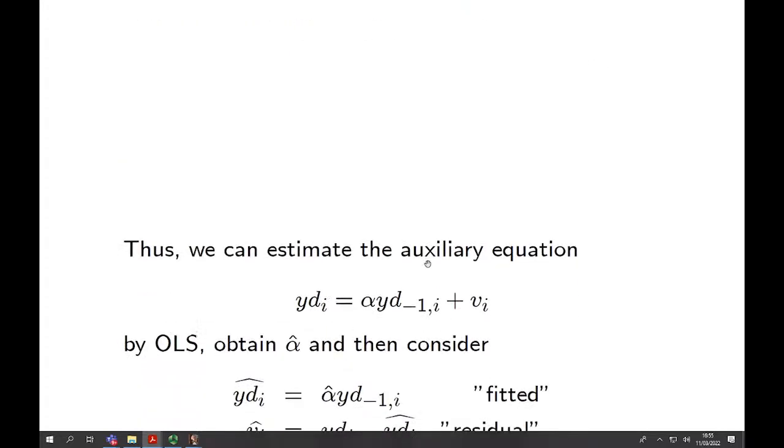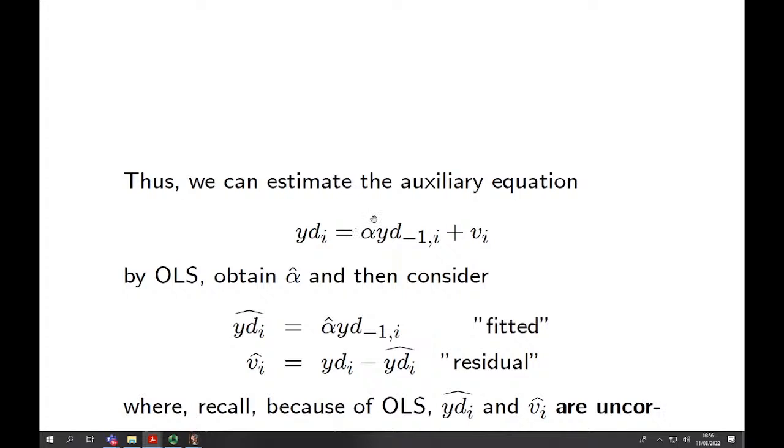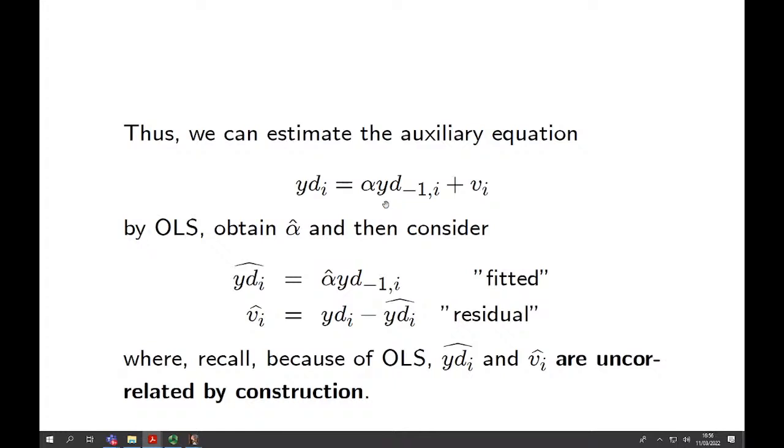Now, what do we do? I can estimate the alpha parameter of this model by OLS. We don't have any endogenous regressor issue here, so OLS, in this case, will be a good estimator of alpha. And please recall that alpha captures the link between the endogenous regressor and the predetermined regressor, okay?